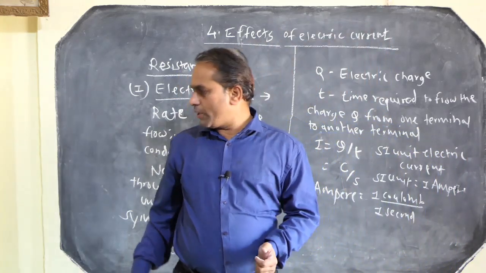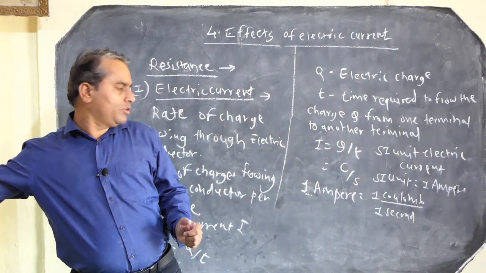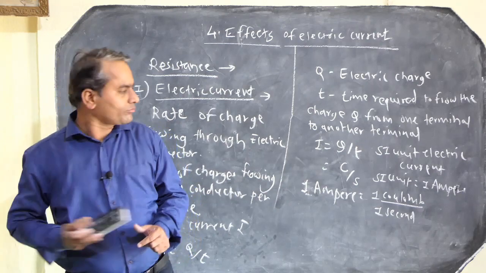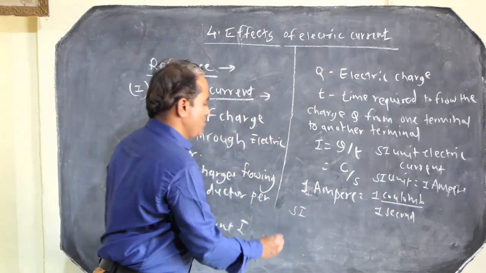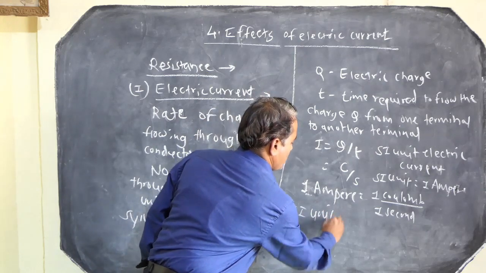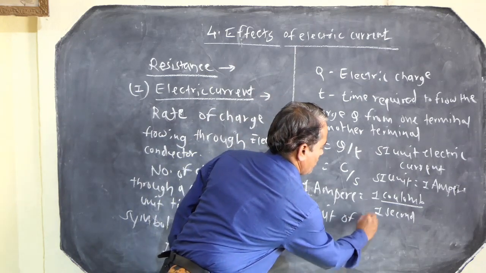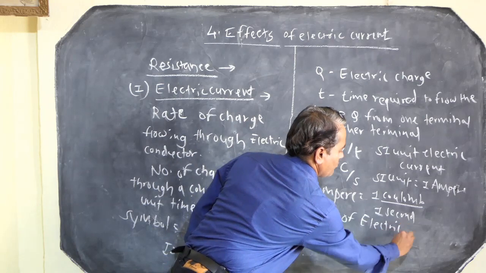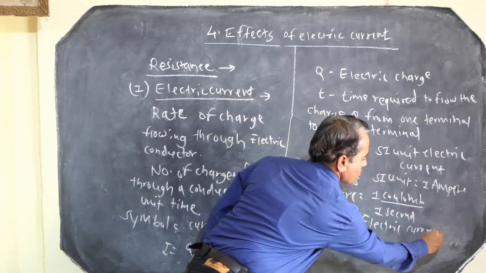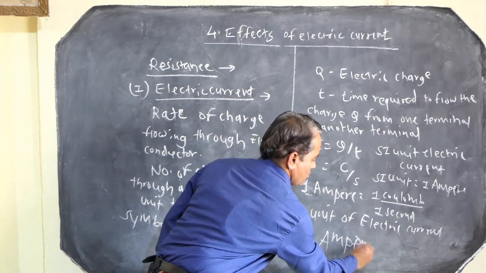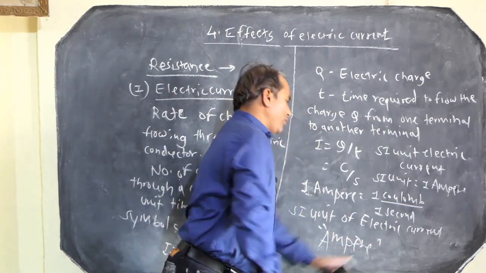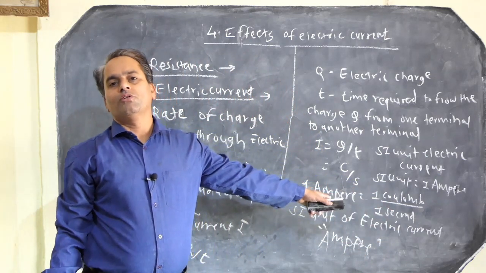Simply, the SI unit of electric current is the ampere, and 1 ampere equals 1 coulomb upon 1 second.